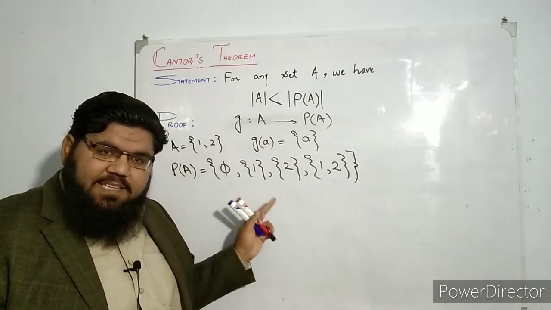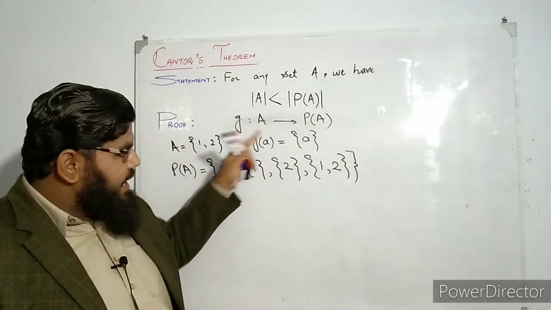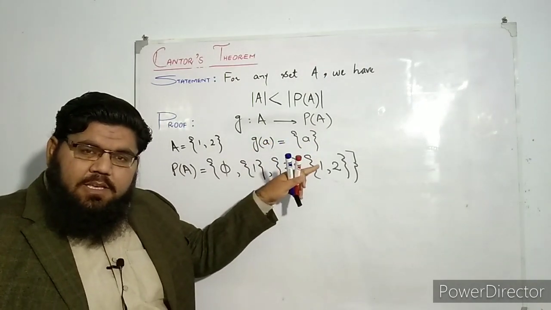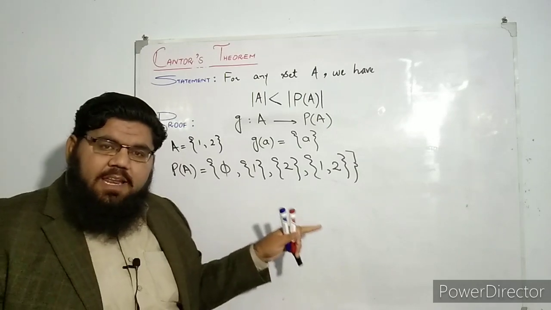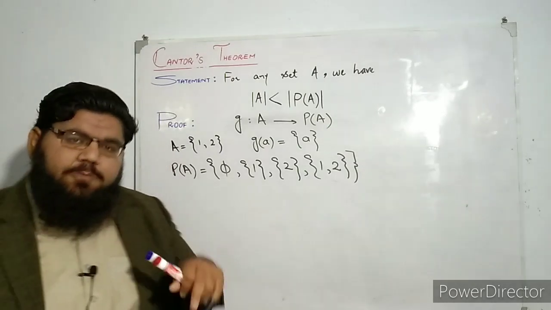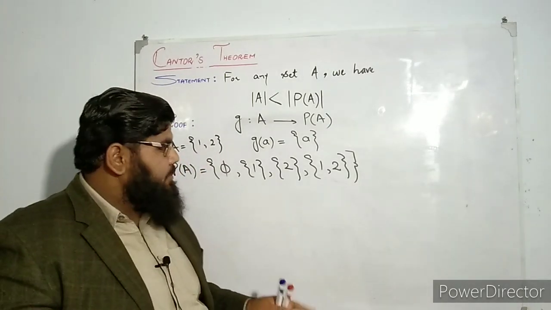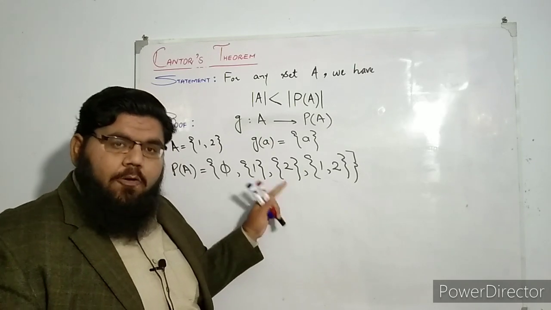From here it is clear that if you take this set A over here and its power set over here, and you define the mapping like this, then this one will be a 1 1 function. Why? Because here input will be unique with respect to output. It is never ever possible that you will have this as output of both 1 and 2.